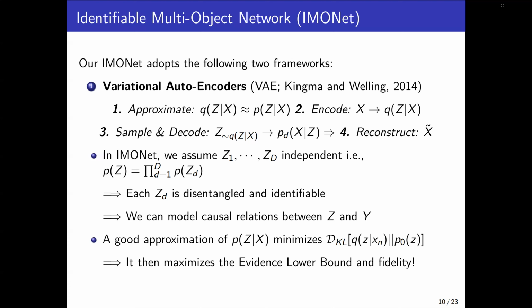I'll explain further about the interpretation of the latent variables in the experiment section. Lastly, we can note that a good approximation of the posterior minimizes its Kullback-Leibler divergence from the unknown prior of Z. That is, given the IB objective function given in theorem 1, page 3 of the paper, we then actually maximize the evidence lower bound and therefore fidelity.